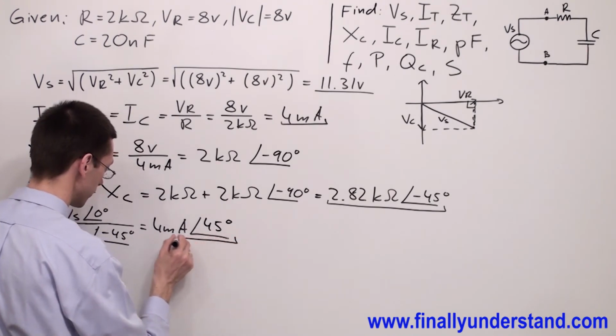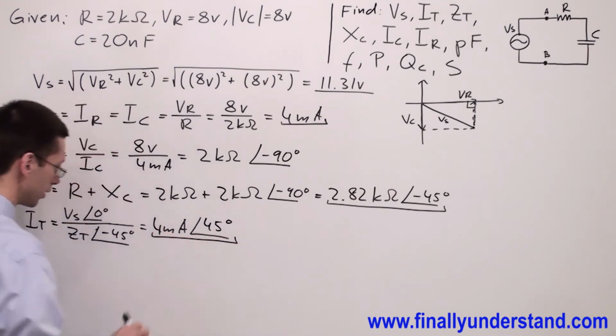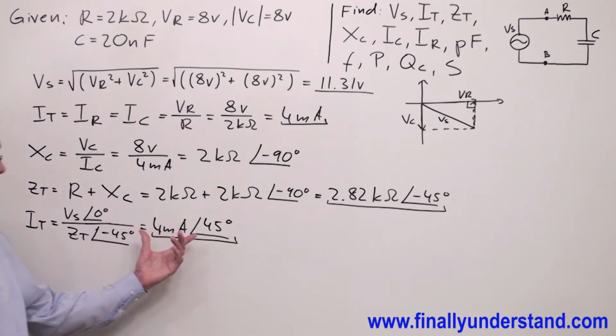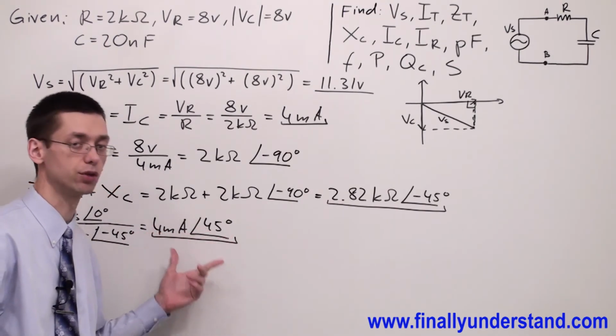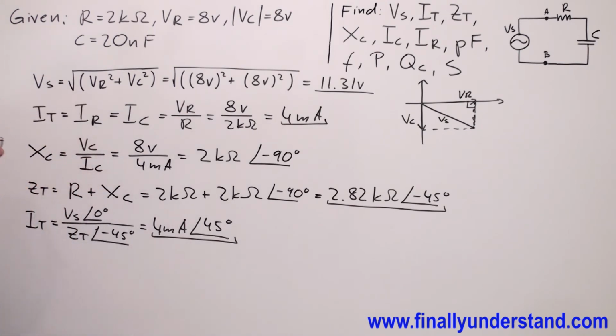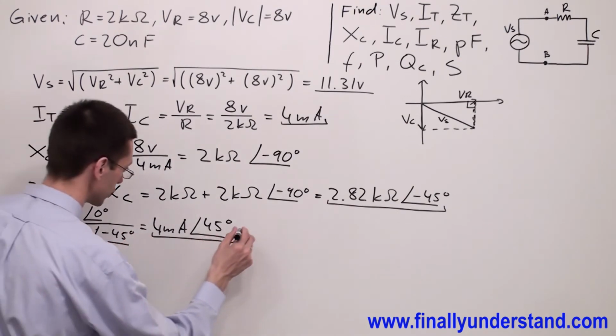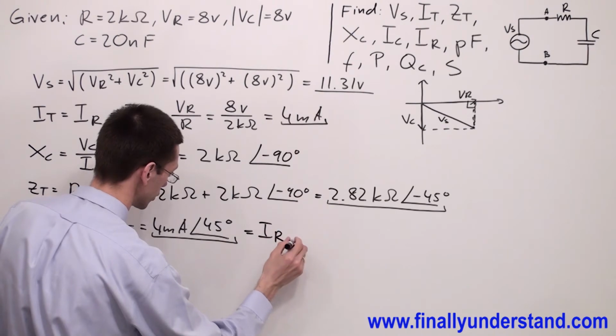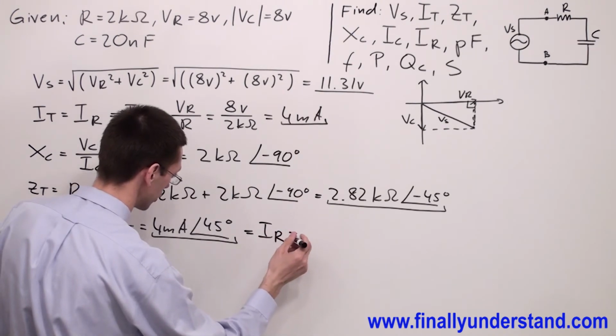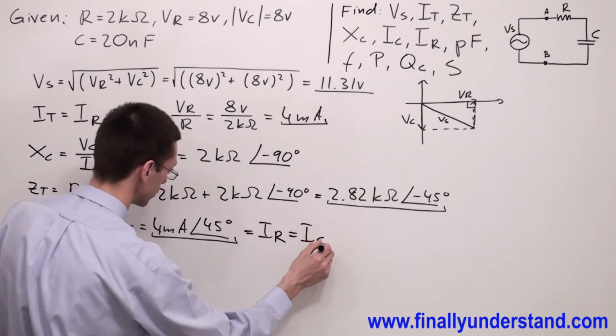So this is the current with angle. This is the proper answer for my current: I total is equal to 4 milliamps with an angle of 45 degrees. This is also equivalent to the current which goes through the resistor and also equal to the current which goes through the capacitor.